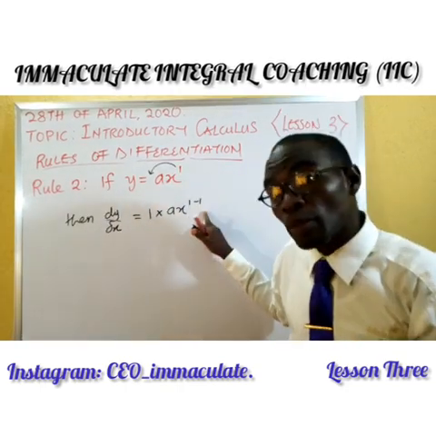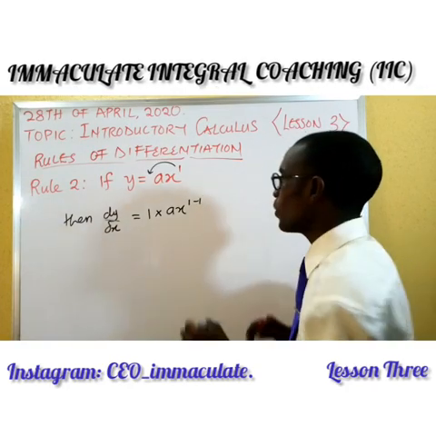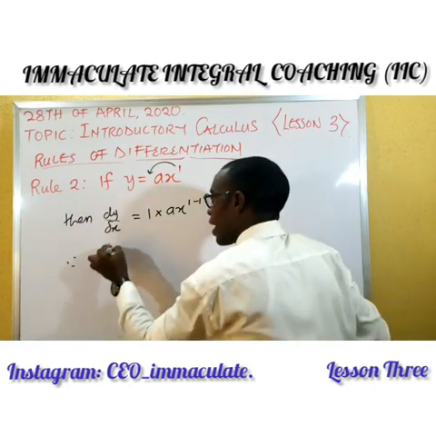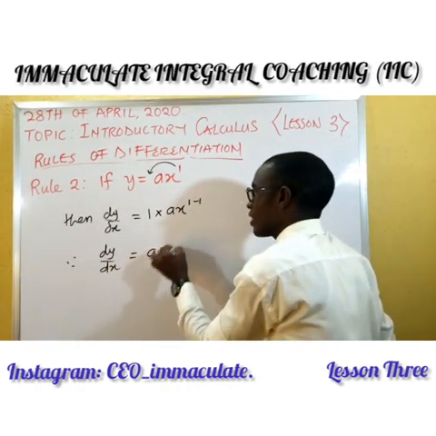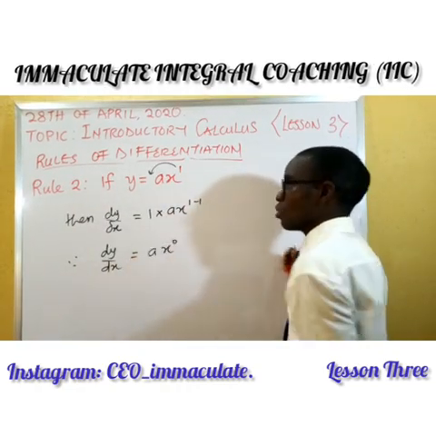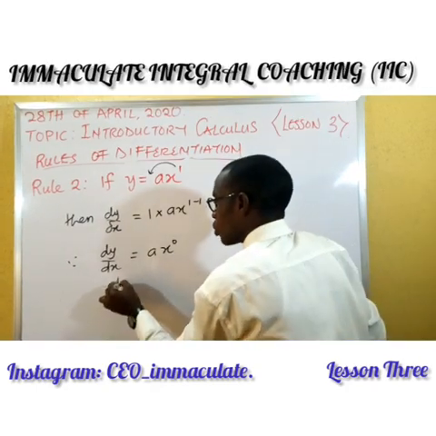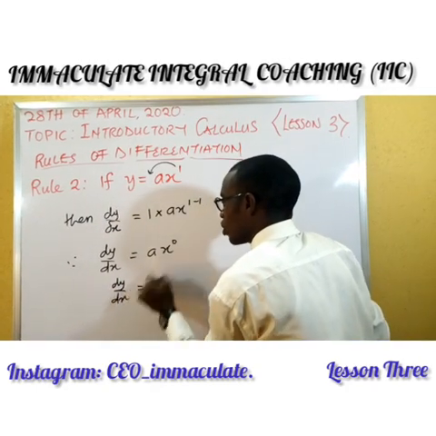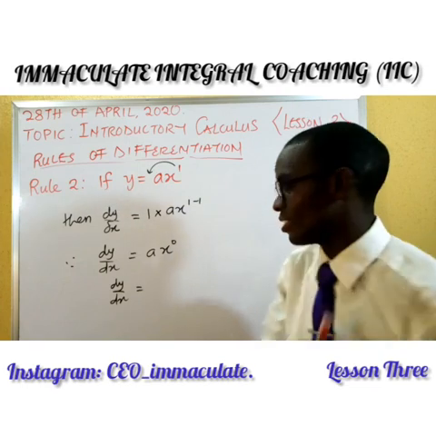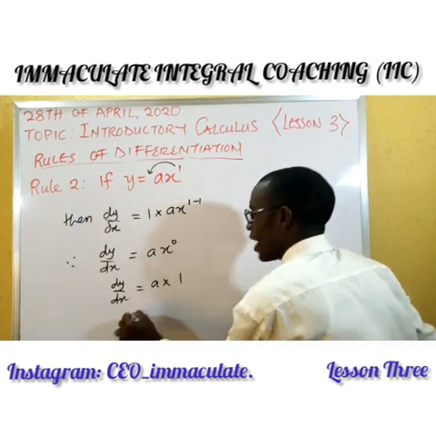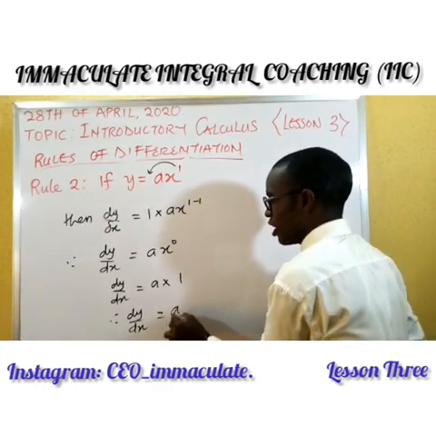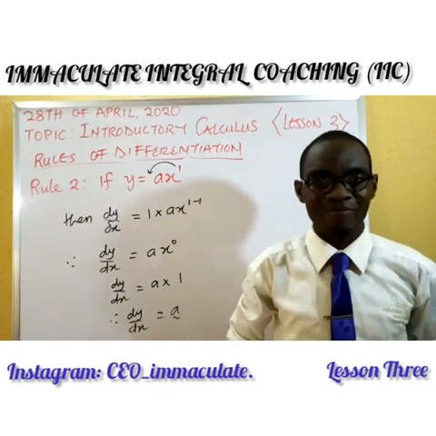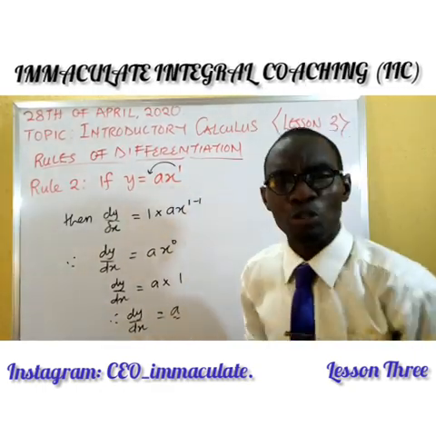You have to minus 1 from the power. Therefore dy/dx equals 1 times a x to the power 0. 1 minus 1 is 0. Then x to the power 0 is what? 1. That will be a times 1. Therefore, dy/dx equals a. That's rule 2.